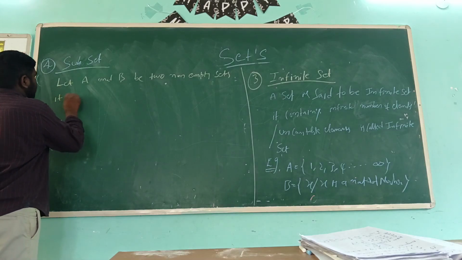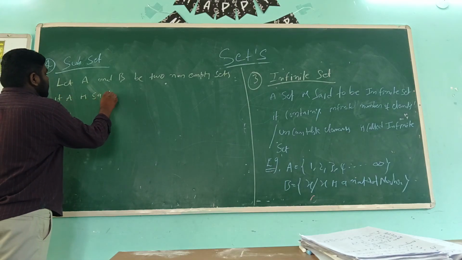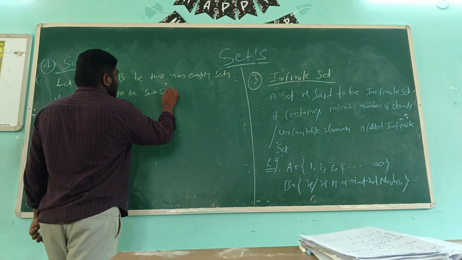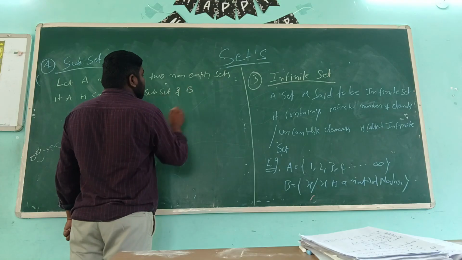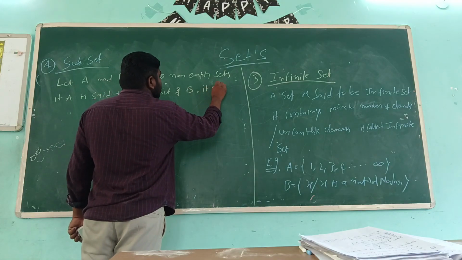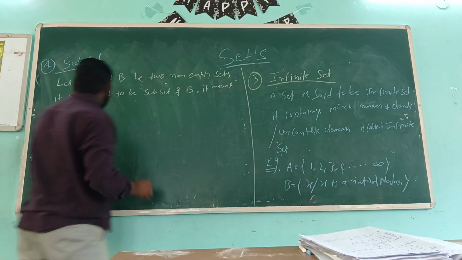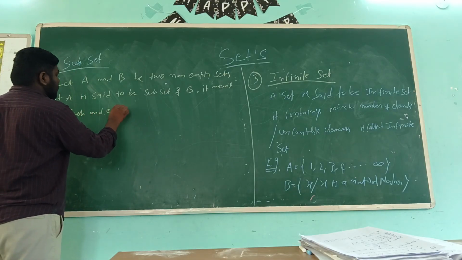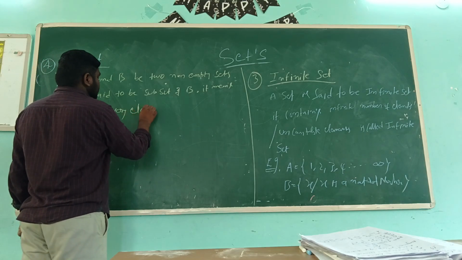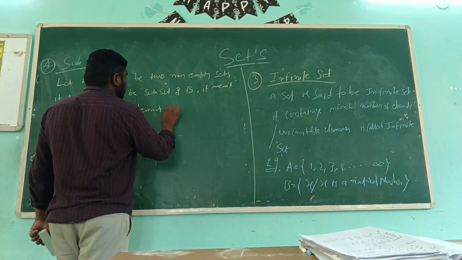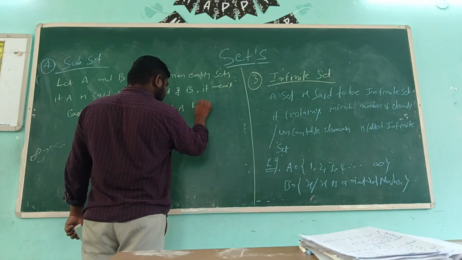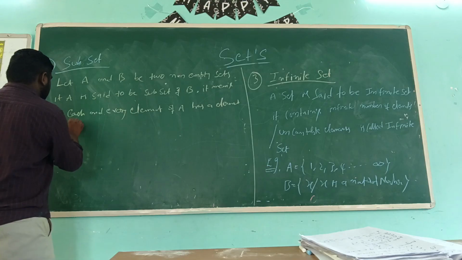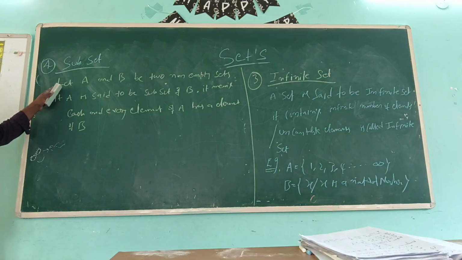If A is said to be a subset of B, it means each and every element of A is an element of B. Understood? What is a subset?